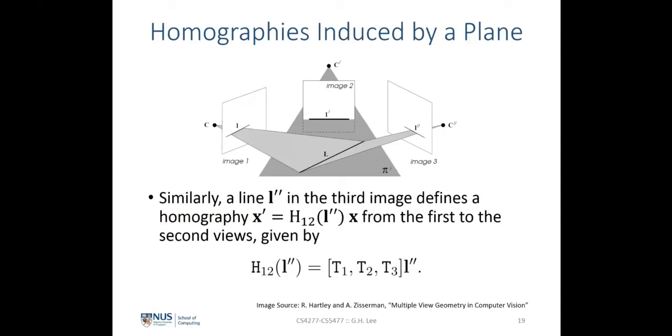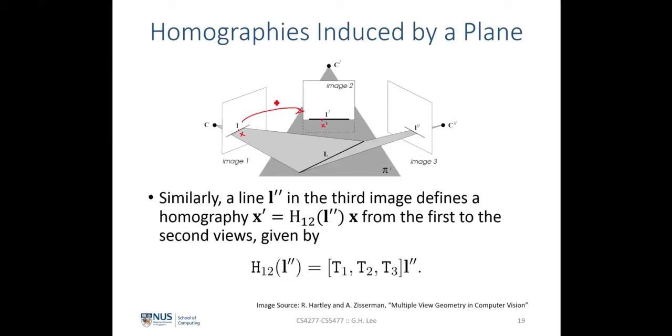But before we do that, we can see that similarly, a line in the third image, which we call L prime prime over here, is going to induce a homography together with the trifocal tensor that transfers a point from the first image, which we call X, to the second image, which we call X prime.